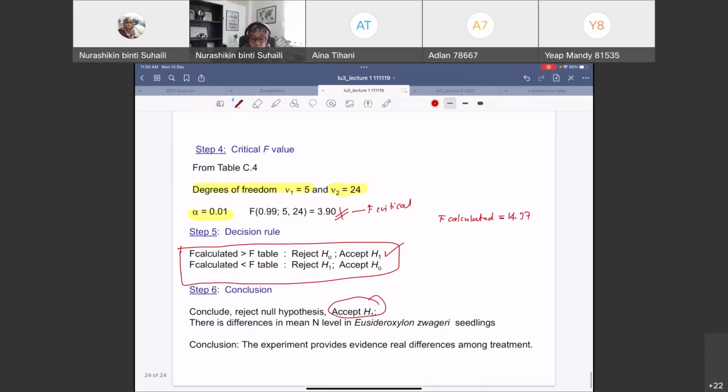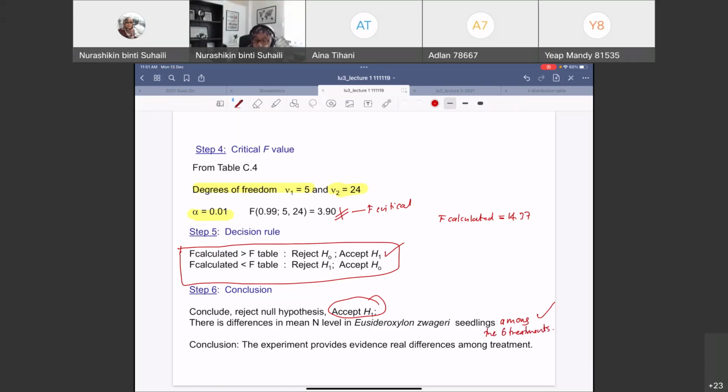So for the conclusion, you have to construct a proper sentence. We refer back to our hypothesis. It says that there is a difference in the mean and level of the resilient seedlings among the 6 treatments.